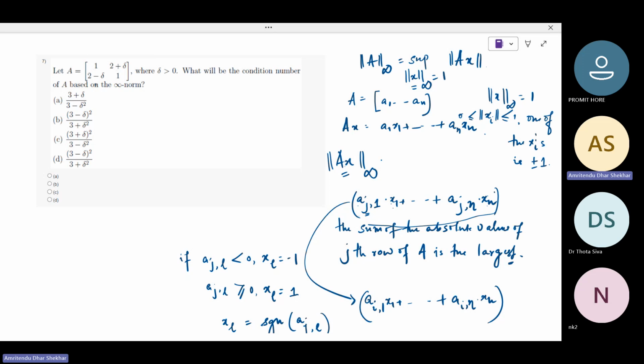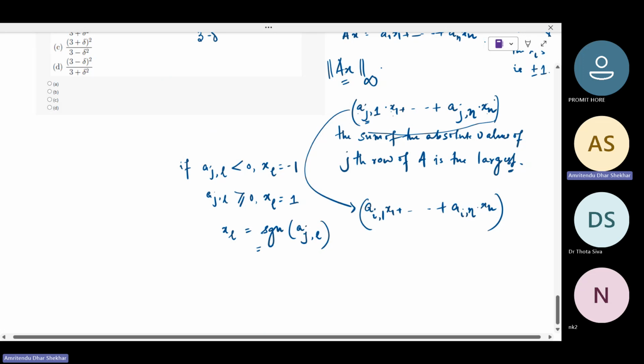The first row is 3 plus delta, and the second row is 3 minus delta. So the infinity norm would be equal to 3 plus delta. Similarly, you compute the inverse, and you get the infinity norm for A inverse, and that's how you compute the condition number.